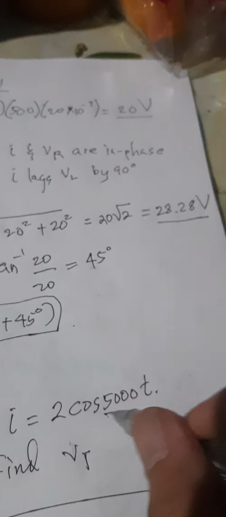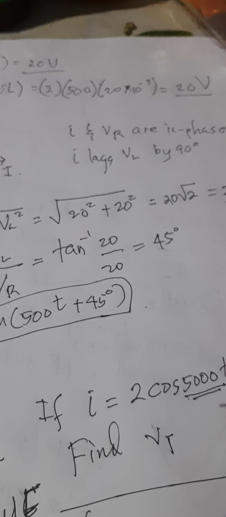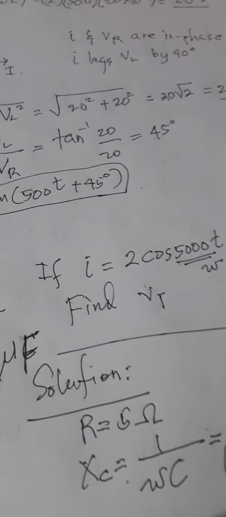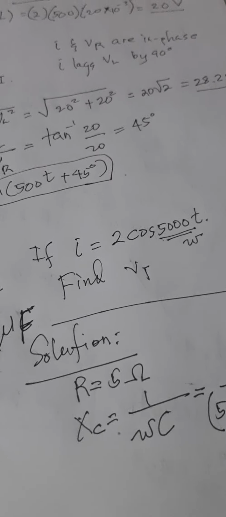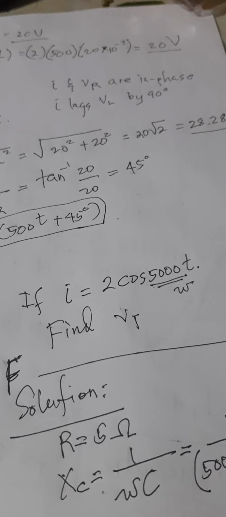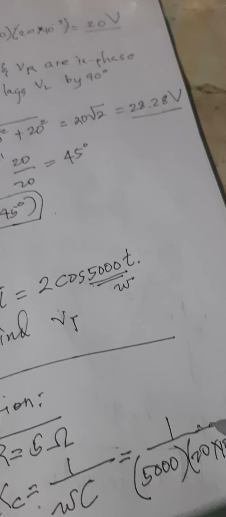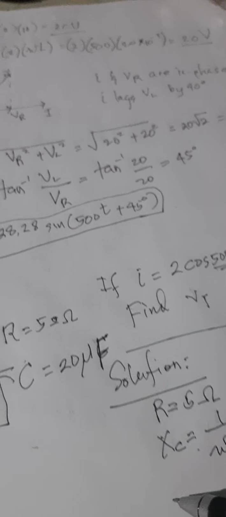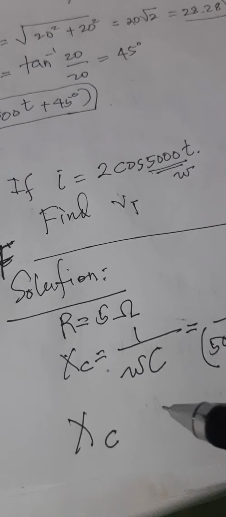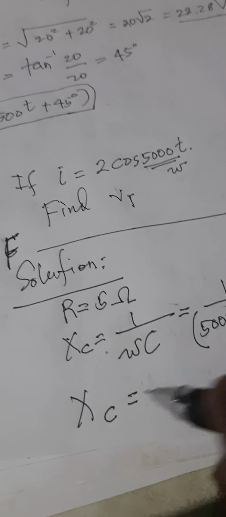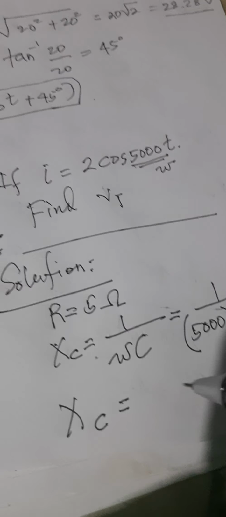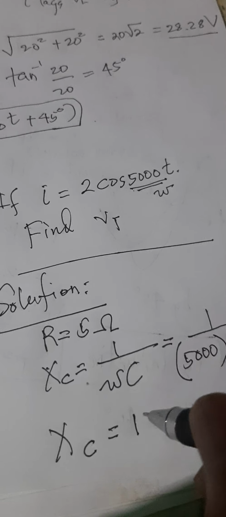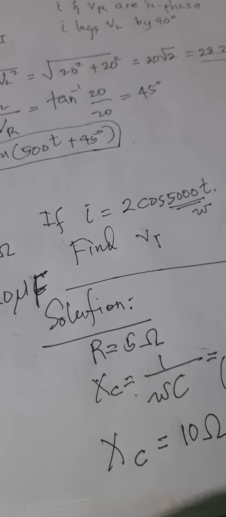Okay, ito yun, omega yan, ito 5,000. Tapos yung capacitance is 20 micro is 10 raised to negative 6 farad. Ano yung value ng XC? Okay, 10 ohms. Okay?